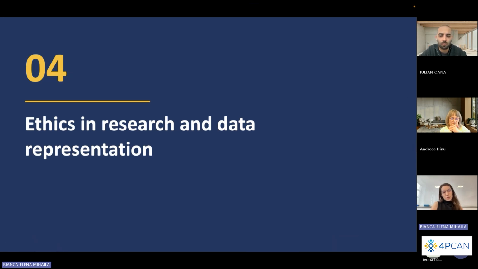So today I will try to discuss the ethics related to research and data representation. I will try to focus on how we are collecting data in an ethical manner in social sciences, and how we can use data in an ethical manner. And then I will try to draw the line between different types of research, from extractive research to participatory research, and participatory and citizen engagement.